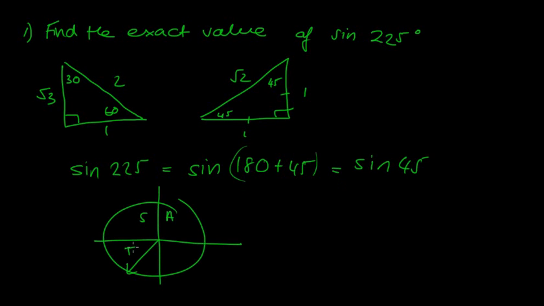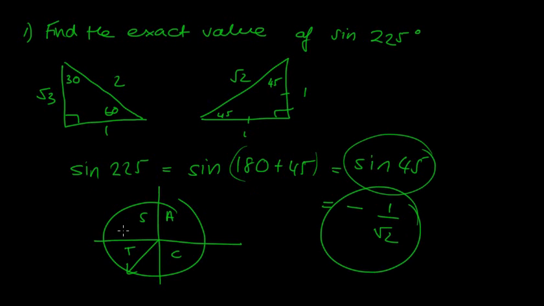All stations to central: tan is positive and the other two signs are negative. So if I can find out what sine 45 is, then I know it's a negative of whatever that value is. So sine 45 is 1 over root 2. We know that sine is negative in that third quadrant, so my exact value is simply negative 1 over root 2. Okay? So that's the benefit of this stuff.